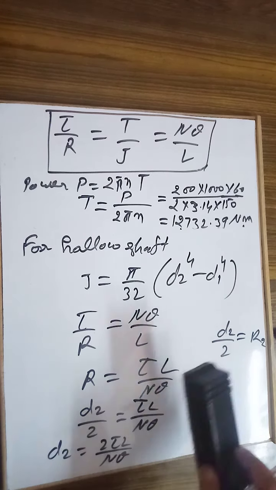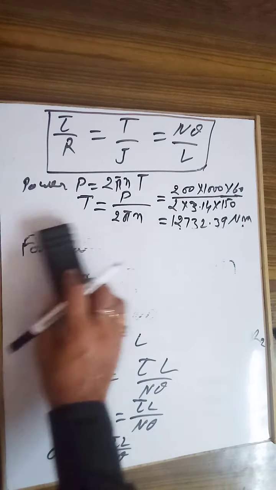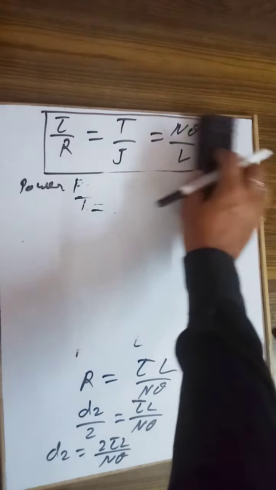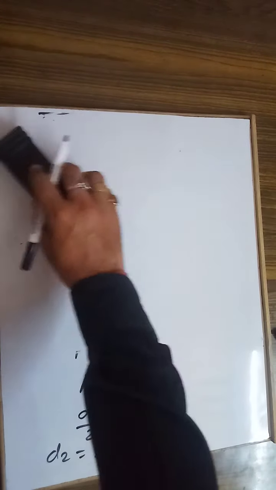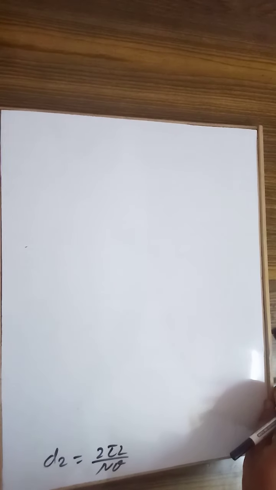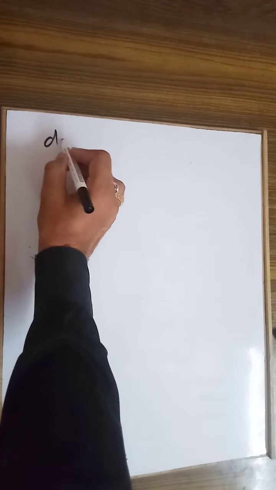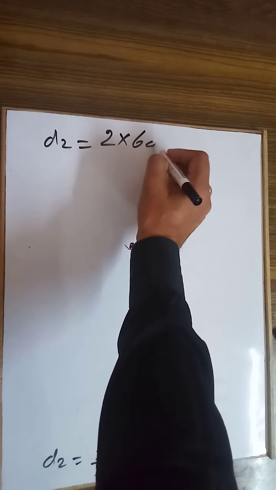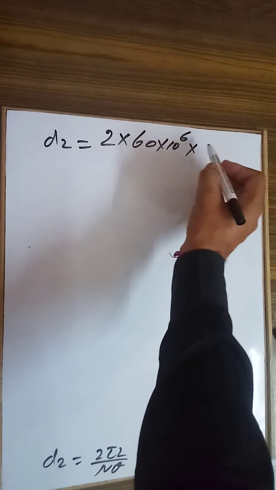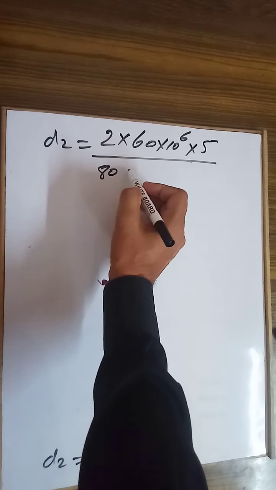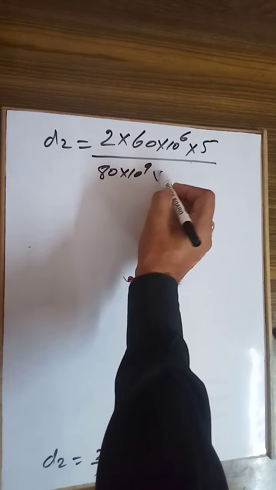Substituting all these values in this formula, we have all these values to put. So D2 is equal to 2 into the value of tau, that is 16 into 10 to the power 6, into L, we have 5 meter, and divided by N, we have 80 gigapascal, so 80 into 10 to the power 9, into theta.